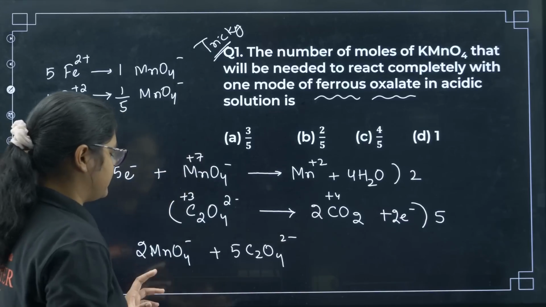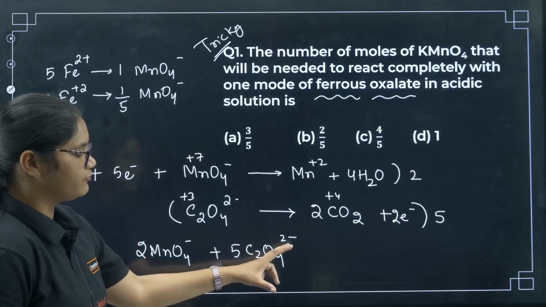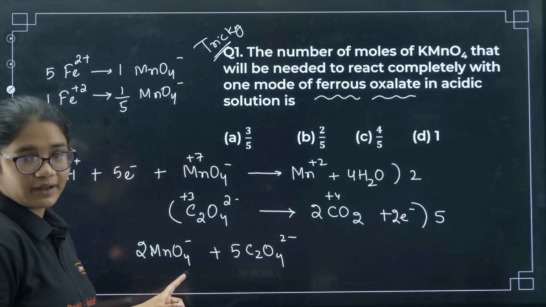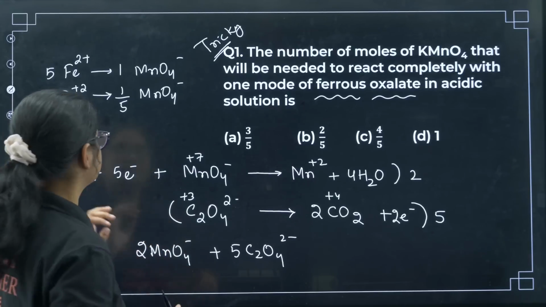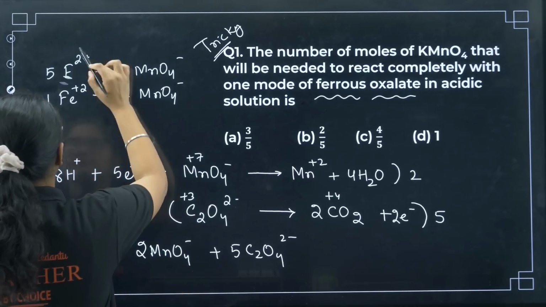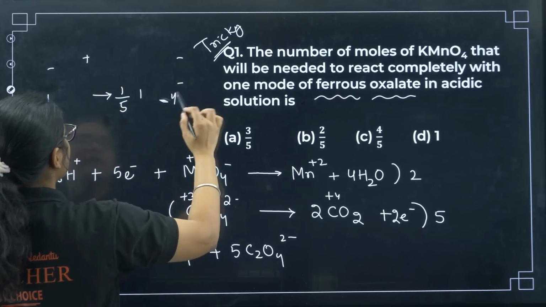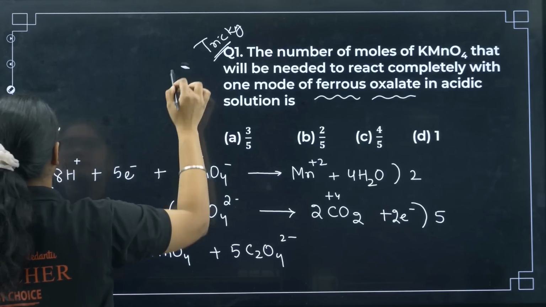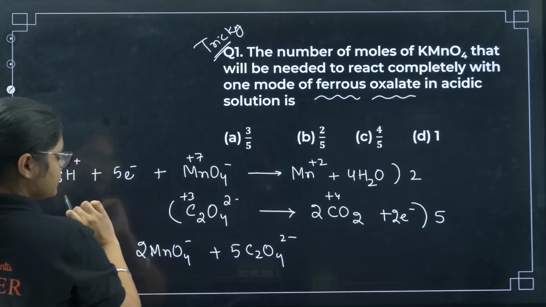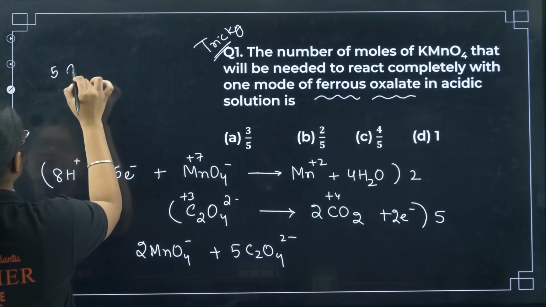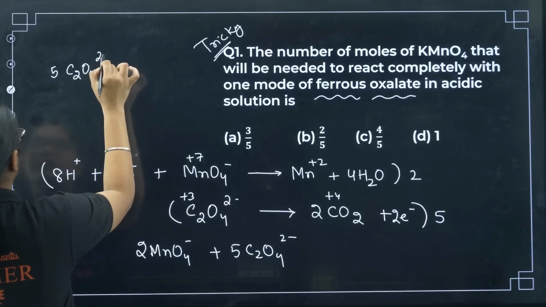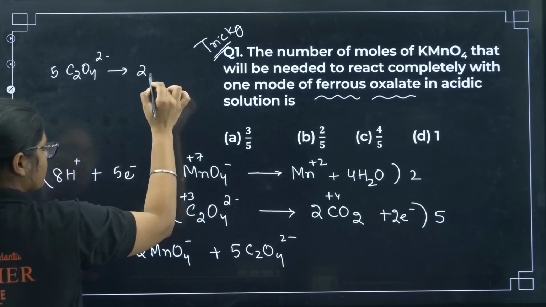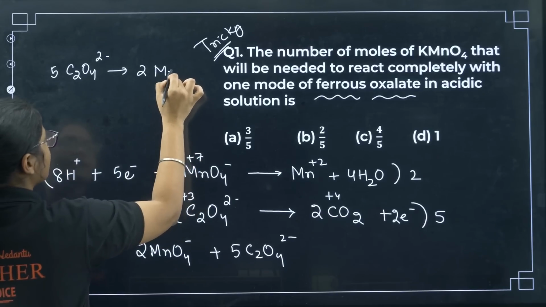So 5 moles of C2O4 2 minus can be oxidized by 2 moles of MnO4 minus. We are not talking about Fe at all.